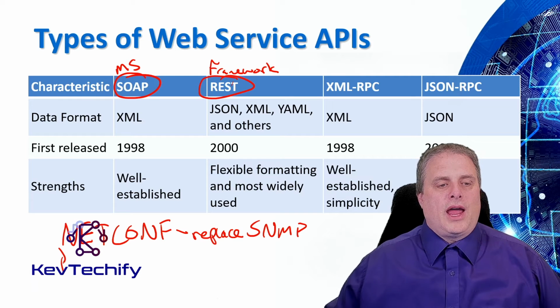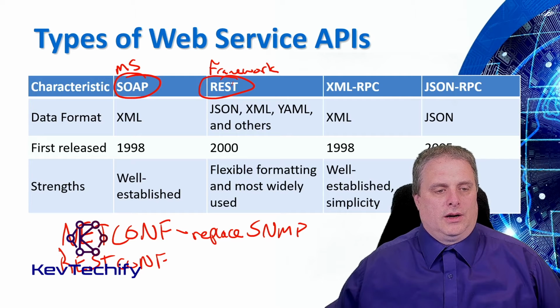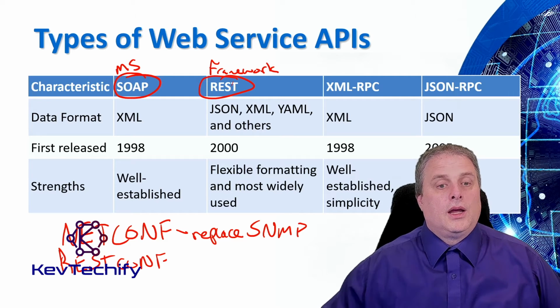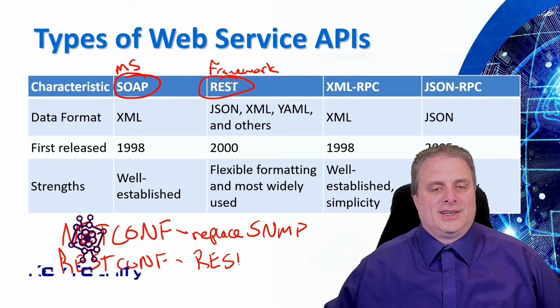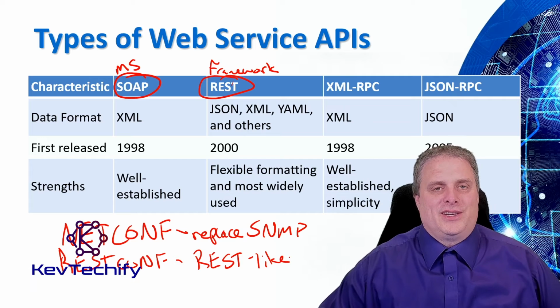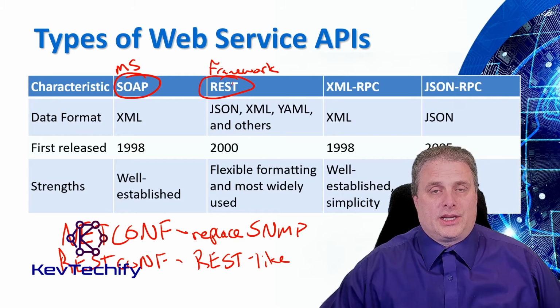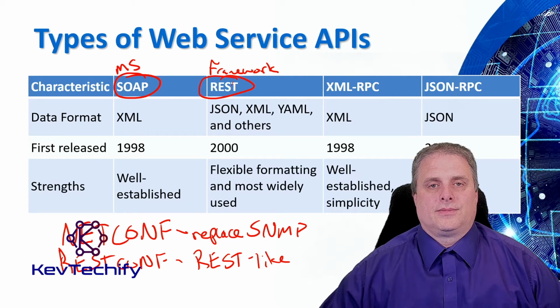And we also have RESTCONF. It is a REST-like, I like how they put that, it's a REST-like interface. It supports XML and JSON, and is coupled to YANG for data.